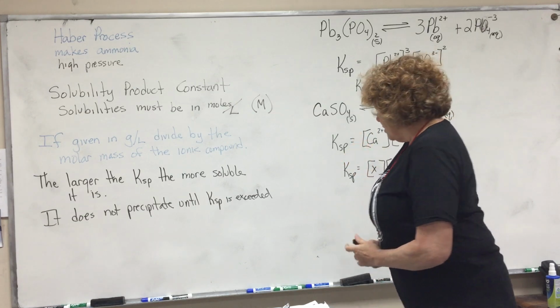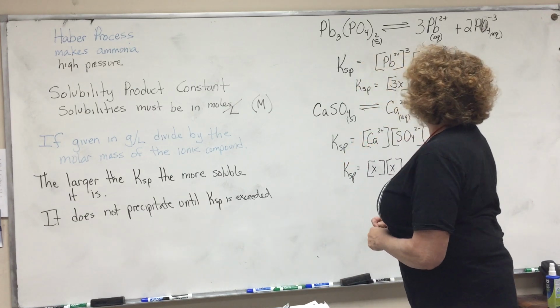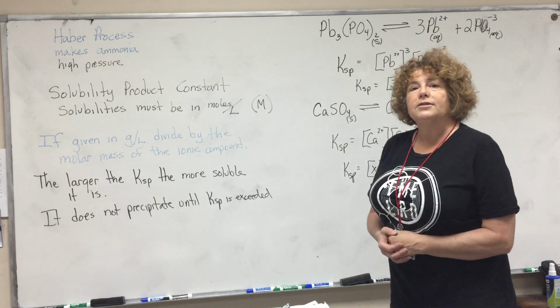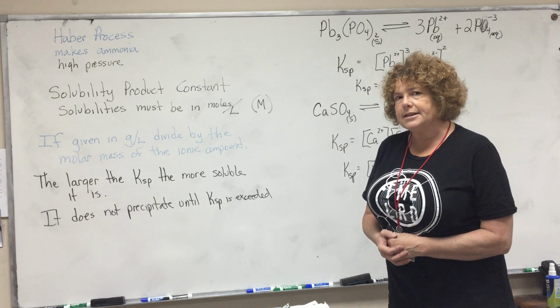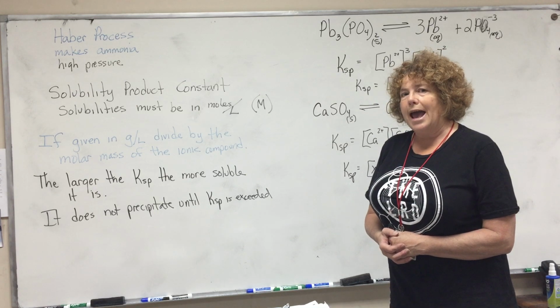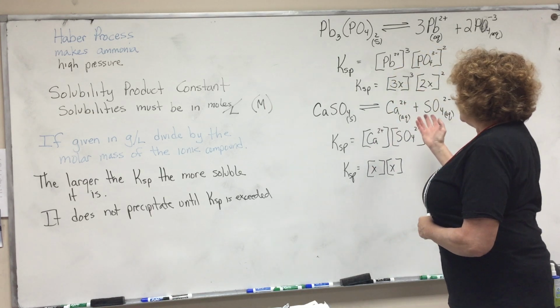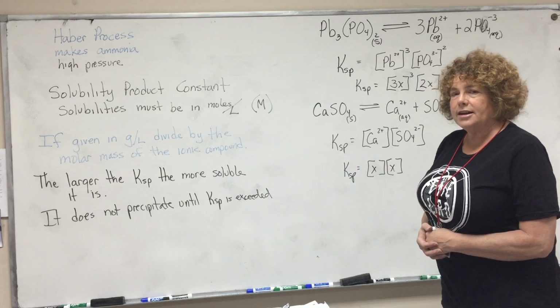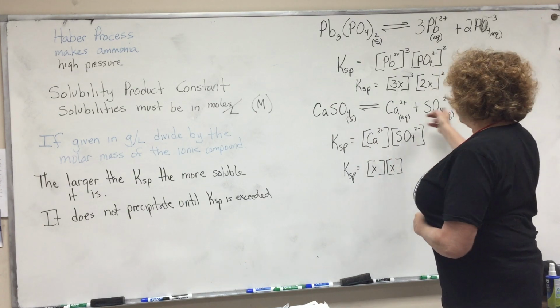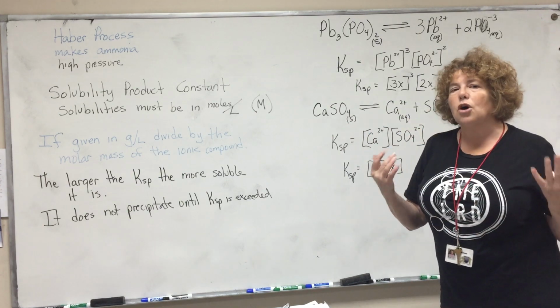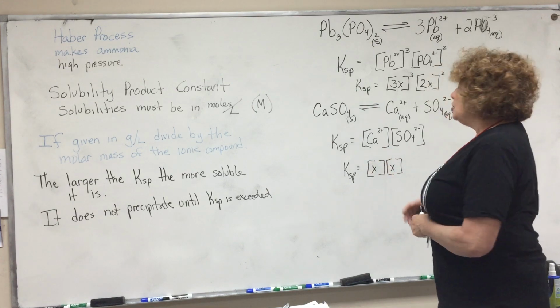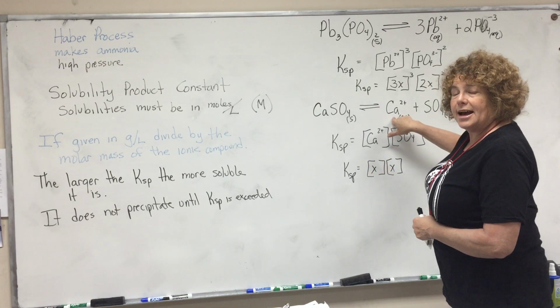Okay? Now, let's look here. You might have something called the common ion effect. If I were to add something like calcium nitrate, okay? Nitrate doesn't appear in this at all, and nitrate is always soluble, okay? So it would add calcium ions.